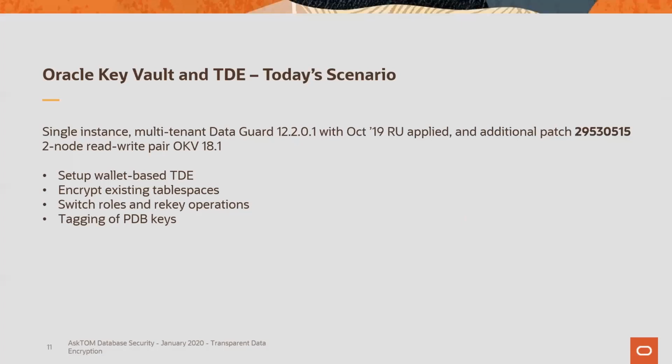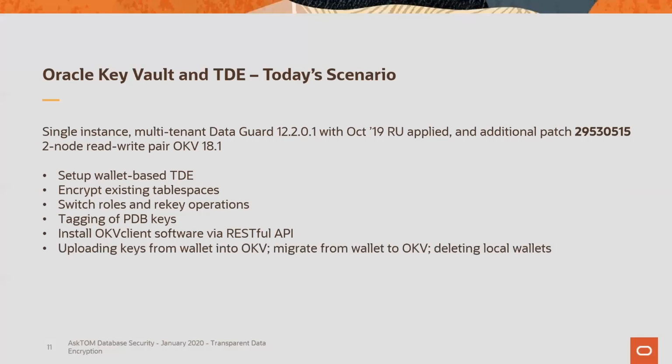That's something that's available in 12.1 or higher with that administer key management syntax. He's going to install the Oracle Key Vault client software using RESTful APIs. This is super powerful because if you're doing this on more than one database, if you're doing this on 800 databases, 1,500 databases, or even 80 databases, right? You want to take advantage of RESTful APIs and what we can do with Key Vault there.